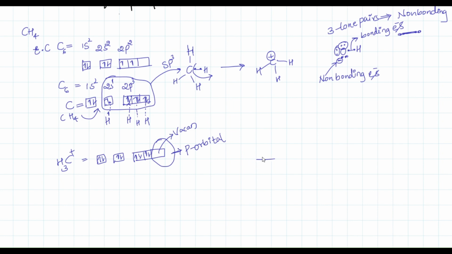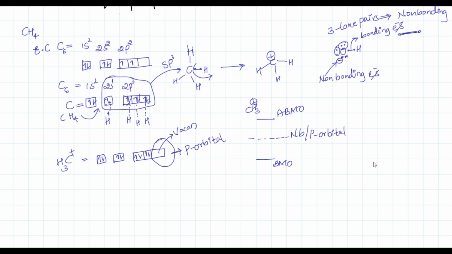We know that in CH3 plus, here the bonding molecular orbital is there, and here the anti-bonding molecular orbital is there, and in between it is the non-bonding or p orbital.